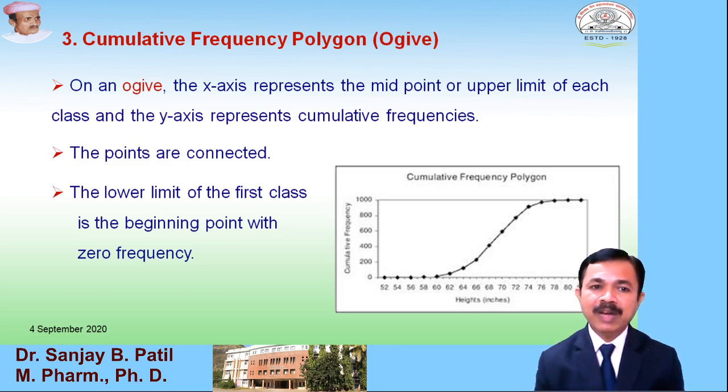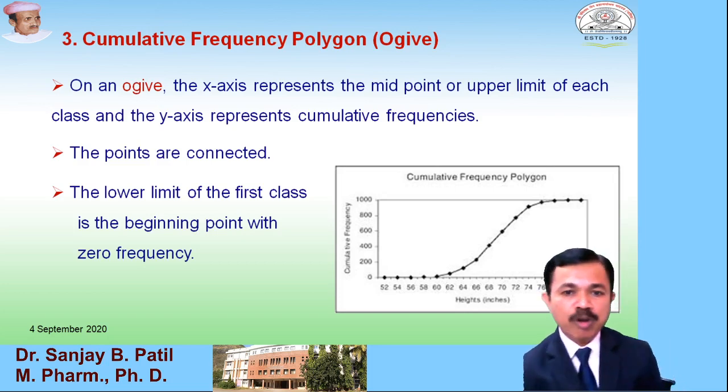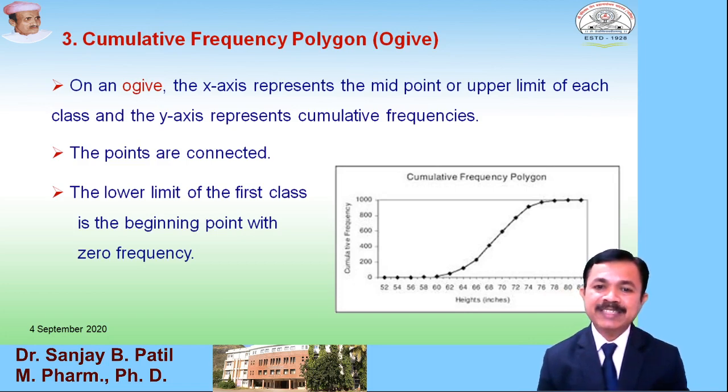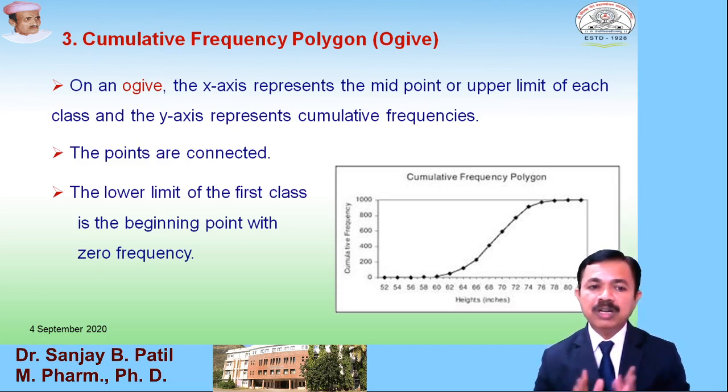In the histogram and frequency polygon, on the y-axis the respective frequencies are considered, while in the case of an ogive or cumulative frequency polygon, the y-axis consists of cumulative frequencies and the x-axis consists of midpoints or upper limits of each class, and by connecting all these points a line is drawn. Whatever graph is generated is known as a cumulative frequency polygon, or it is also known as an ogive.